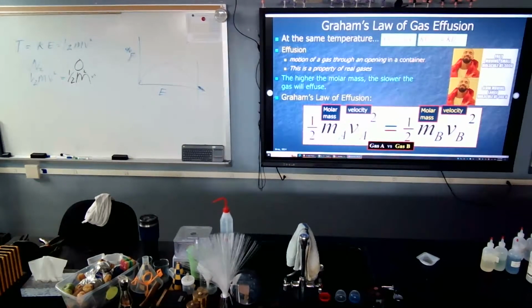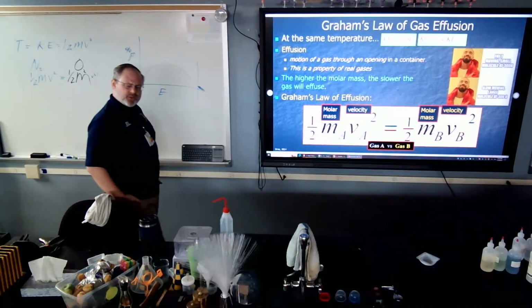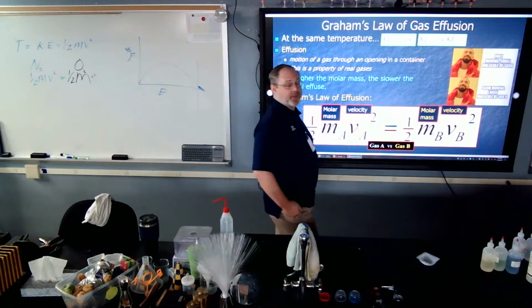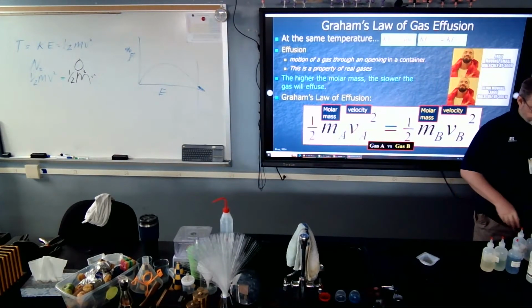Since we are treating all gases as ideal, Avogadro's law, we can substitute in, listen carefully, the molar mass for mass. Then they'll just give you the velocity. Now, if you remember, I mentioned that velocity is speed with a direction. This is in a single dimension.